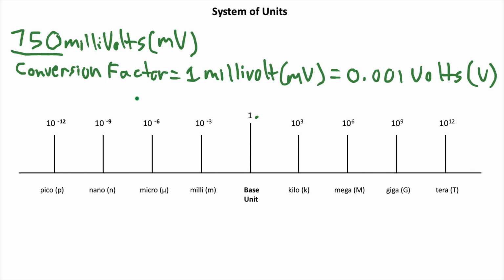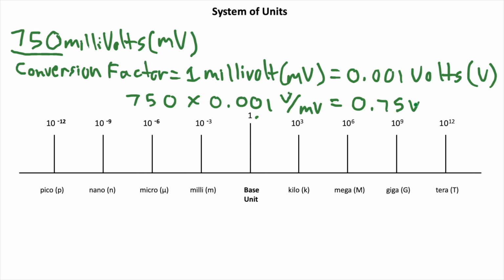So we would say 750 times 0.001, and then we always want to write our units and our prefixes over here in a fraction form, mV over V. The unit that we want to end with is in the numerator right here. So then our final value is 0.75 volts if you run that on a calculator.